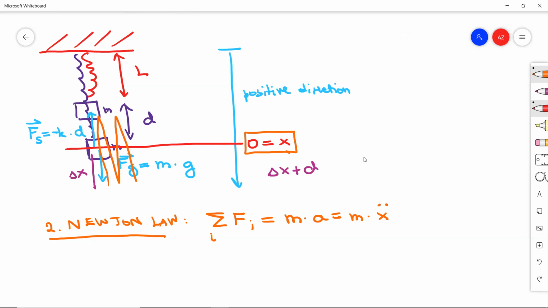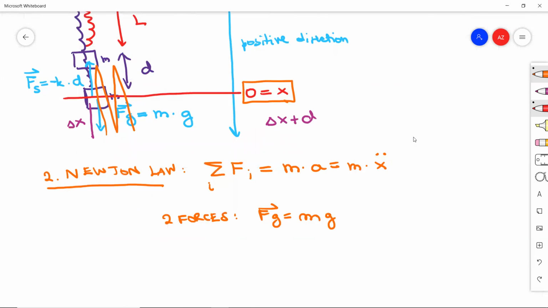So we have two forces. One is gravity, which is m times g. It doesn't depend on the displacement. What about the spring force? It's minus k times, what's here?